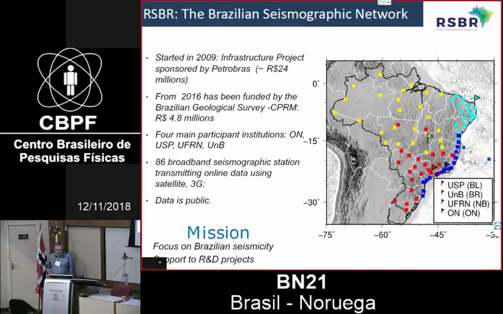Well, this is what we have now. We started this project thanks to Petrobras. Actually, it's composed of 4 subnets. It involved 4 institutions in Brazil: USP, UNB, UFRN, and Observatorio Nacional. It cost about 24 million reais, and this money lasted up to 2014, something like that.